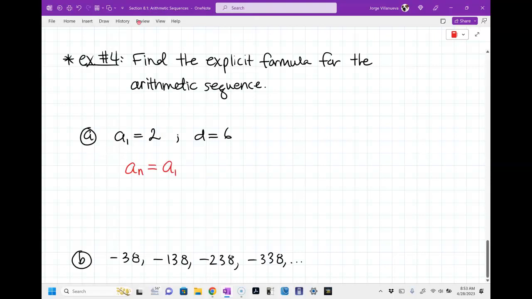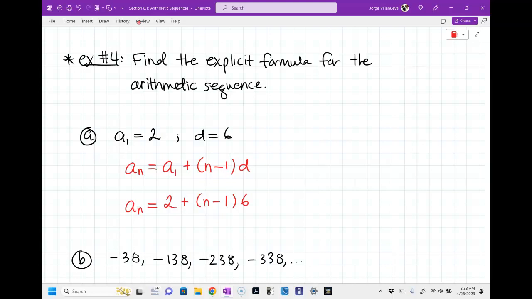So I'm going to rewrite just the main formula, so you guys see it. Okay? All I need to figure out is a sub 1 and d, and that's exactly what I gave you. So I'm just going to write a sub n is equal to 2 plus n minus 1 times 6. And that's it. That's the explicit formula.